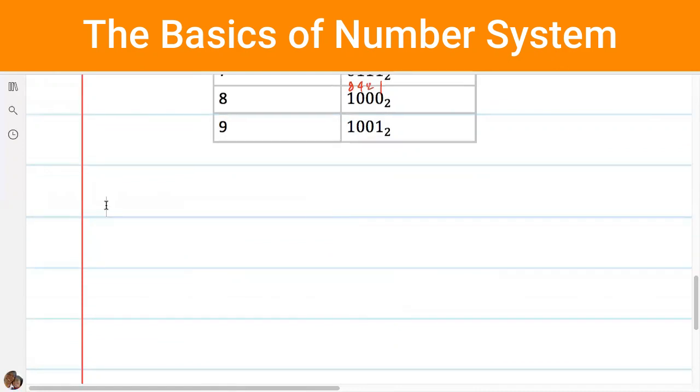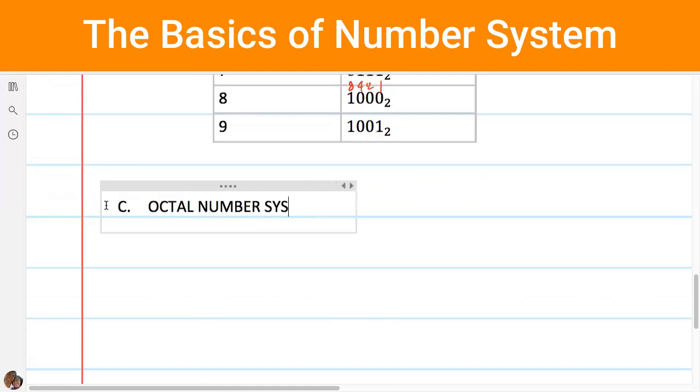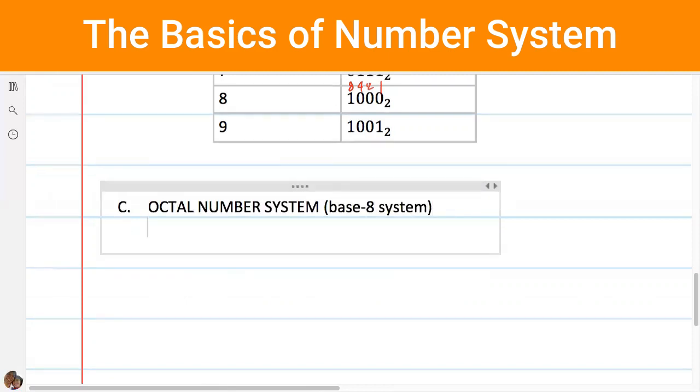Okay, let's have octal numbers. When you say octal number system, it is referred to as base 8 system. So when we say base 8 system, it means the possible values are 0, 1, 2, 3, 4, 5, 6, 7.